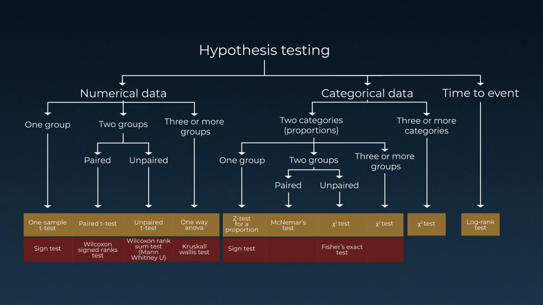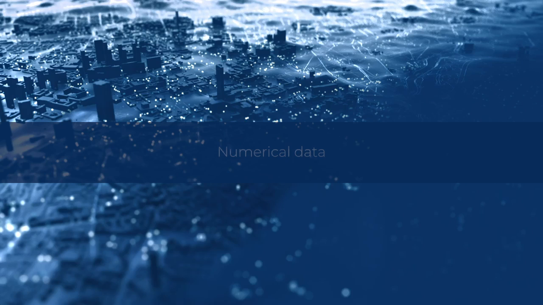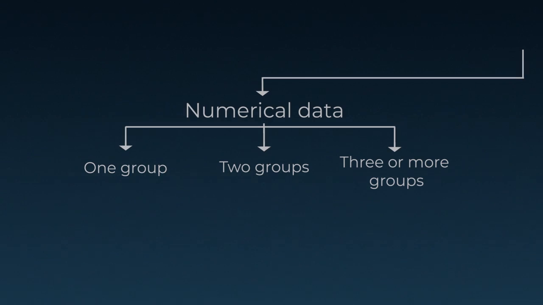When deciding which method to use, the first important issue is the type of outcome you have: numerical, categorical, or time-to-event. If we have a numerical outcome, such as the happiness score we discussed before, we should zoom in on the numerical data part of the decision tree.